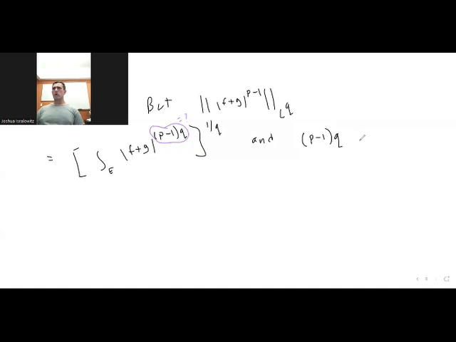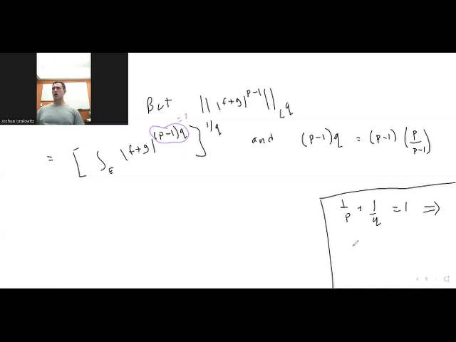So remember what Q is. It's literally P over P minus 1. Maybe you forget what it is. You do want to remember 1 over P plus 1 over Q is 1, and then you can just solve for Q. So 1 over Q is 1 minus 1 over P, which is P minus 1 over P. So Q is P over P minus 1.